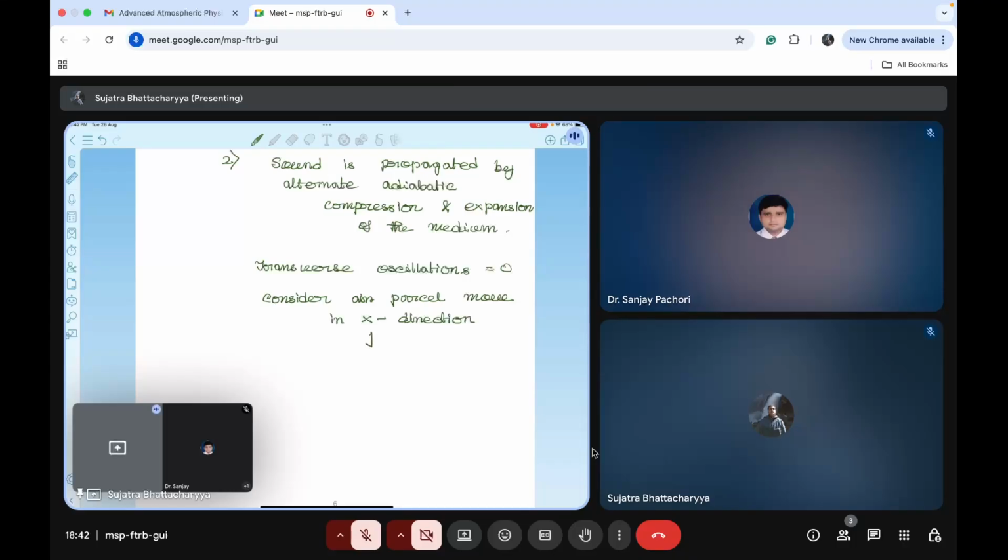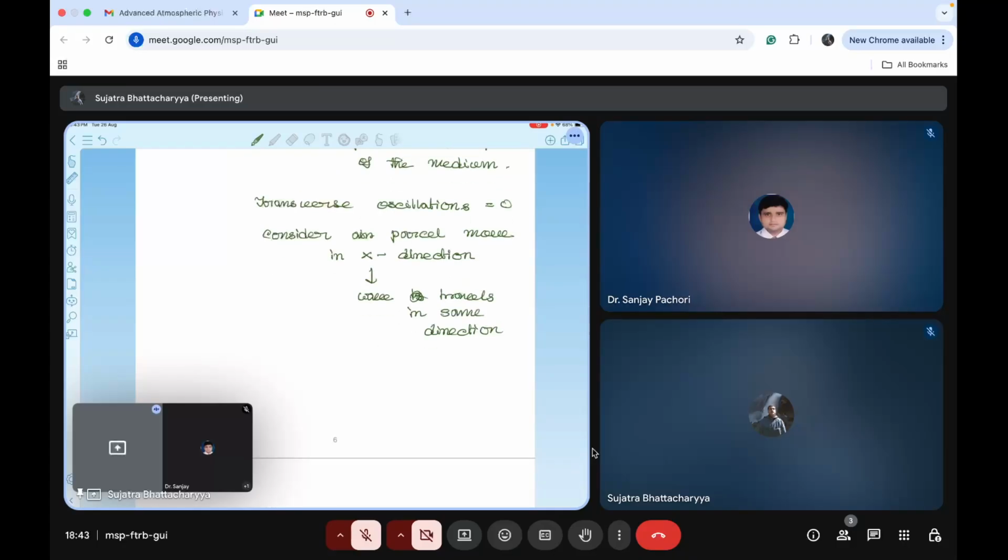So if the air parcel is moving in x direction, then the wave travels in the same direction. So if I am taking x as the direction where the air parcels are also moving and the wave is also propagating, then transverse oscillations will be zero. So v and w are kept zero.